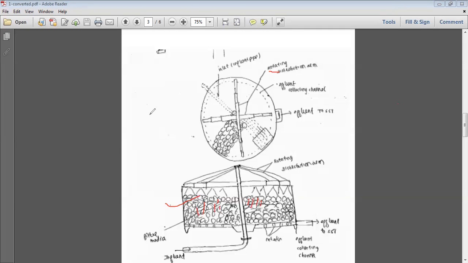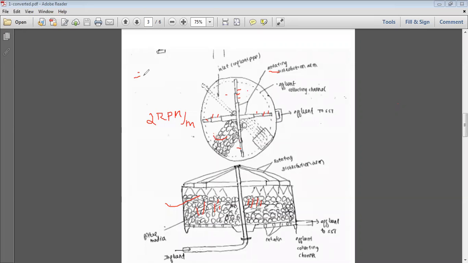They rotate at 2 rpm above this coarse material, and they keep sprinkling all the wastewater onto it, through small nozzles, where wastewater is sprinkled above this filter media.